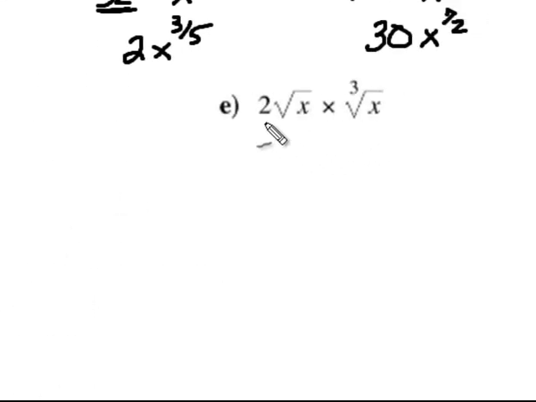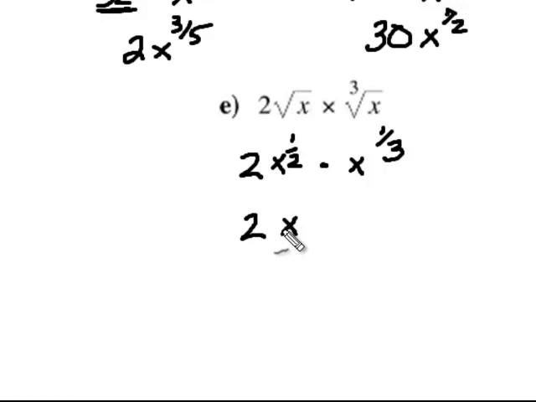E is similar to this. I've got the 2 out in front, x to the 1/2 multiplied by x to the 1/3. So I'll just write the 2 once, write the x and add your exponent. So it's 1/2 plus 1/3.